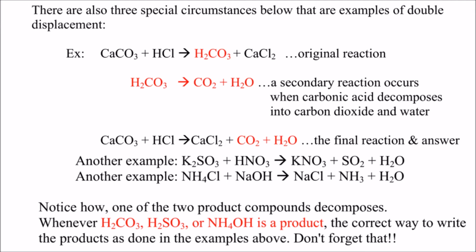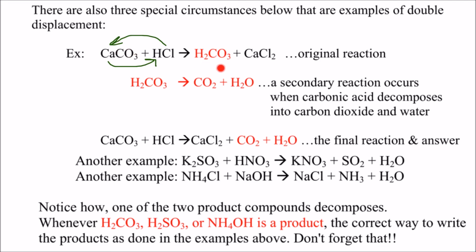We do have some special situations here for a double displacement reaction. Here is one of these examples. We've got calcium carbonate plus hydrochloric acid here. And so when we switch the calcium and the hydrogen with each other, because this is a double displacement reaction, you're going to have your hydrogen partnering up with this carbonate ion here.